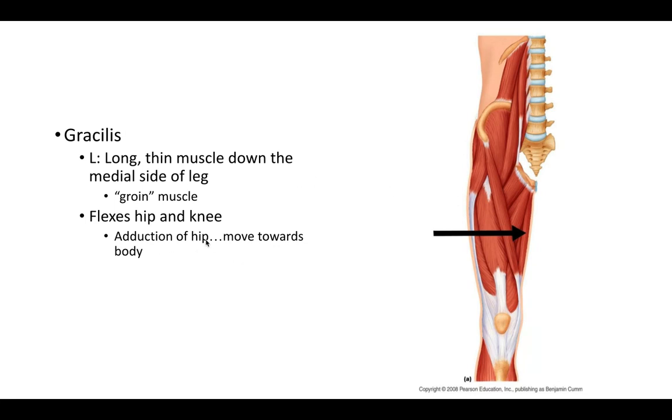Adduction is the opposite of what we saw just a second ago. So adductor muscles will pull your limb back towards your body. Gracilis works opposite to the sartorius.